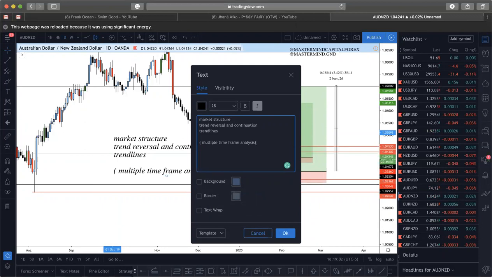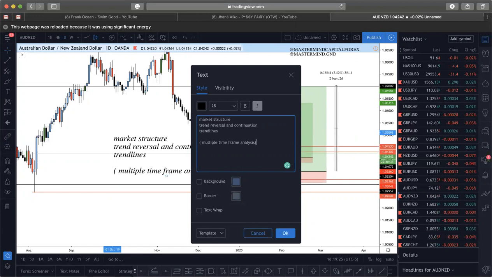Okay, so basically, today we have to cover market structure, and within that market structure, it also involves covering trend reversals and trend continuation, and then trend lines.